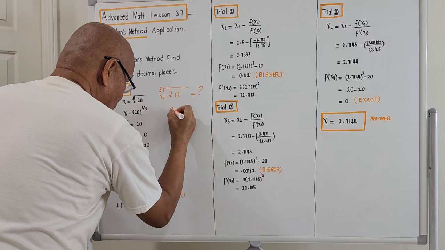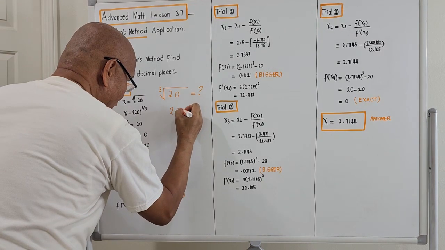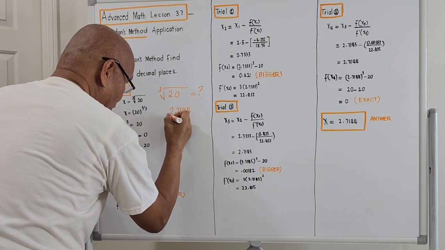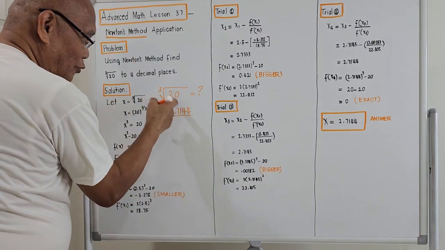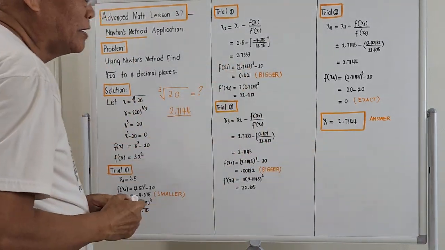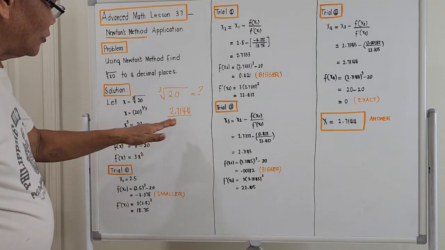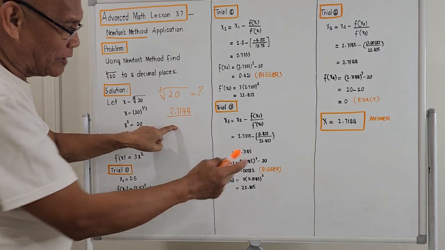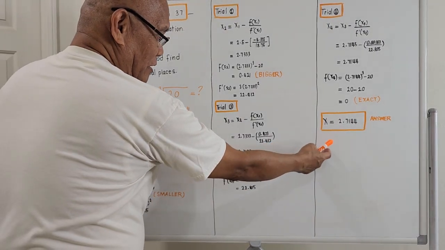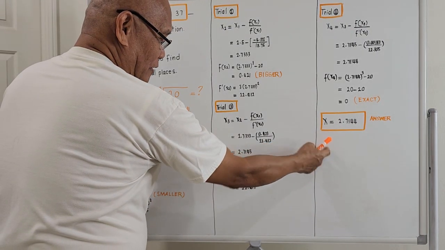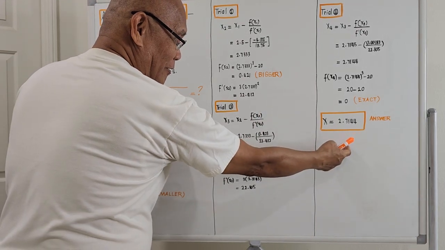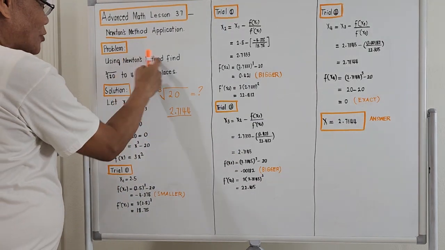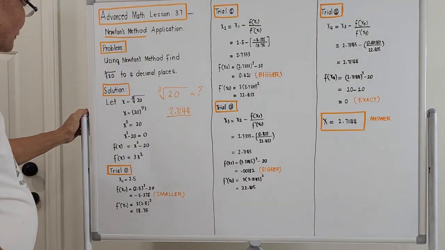The answer here is 2.7144. That's the cube root of 20 by using the calculator. If we compare this calculator solution with our final answer, they're the same. Let's bring out the solution by using Newton's method of approximation.